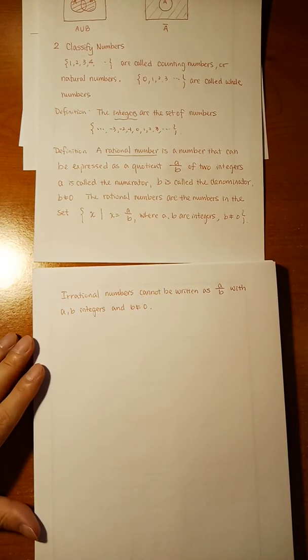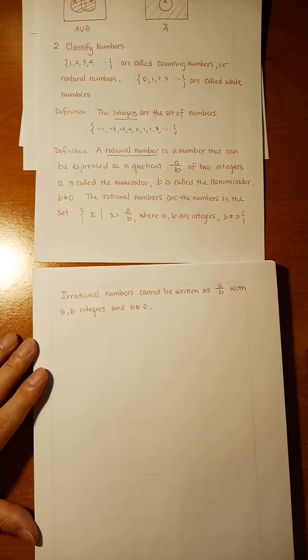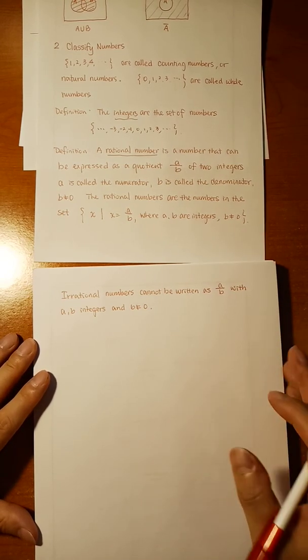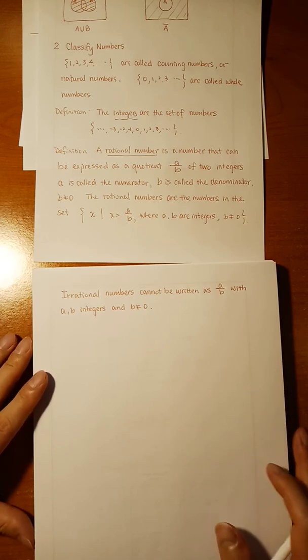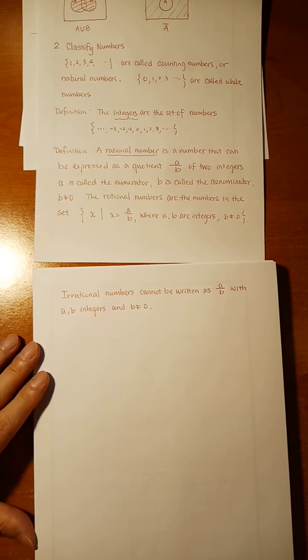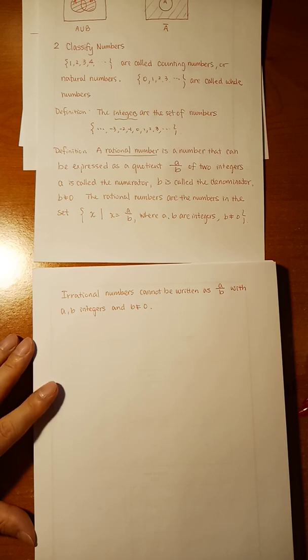If it can be written as a over b, then it is rational. Here it's irrational numbers. It's not that easy to tell whether a number is rational or irrational, but we do have some examples.